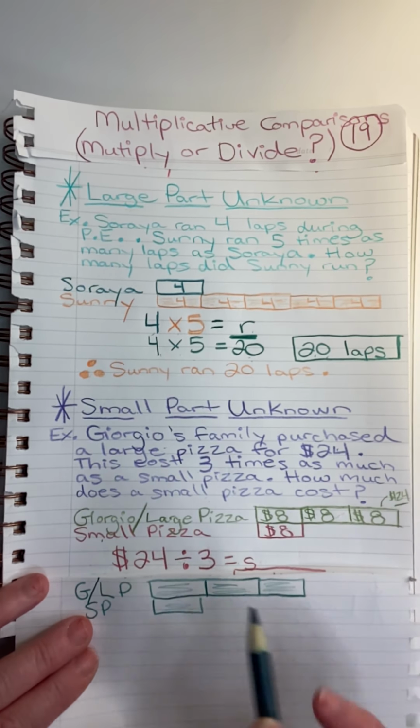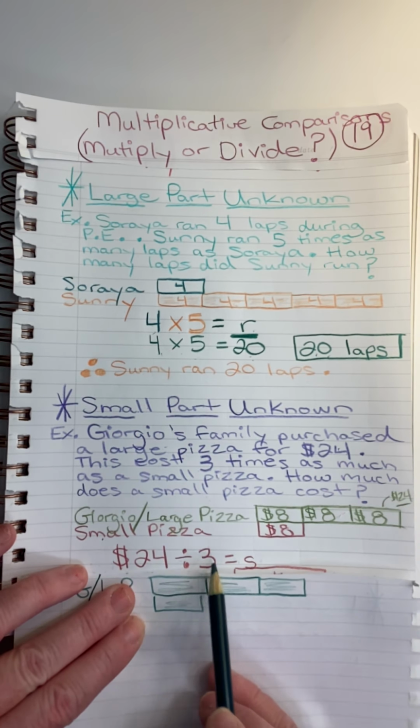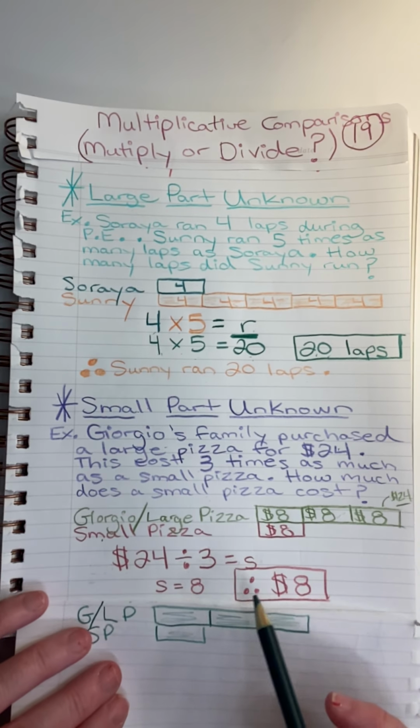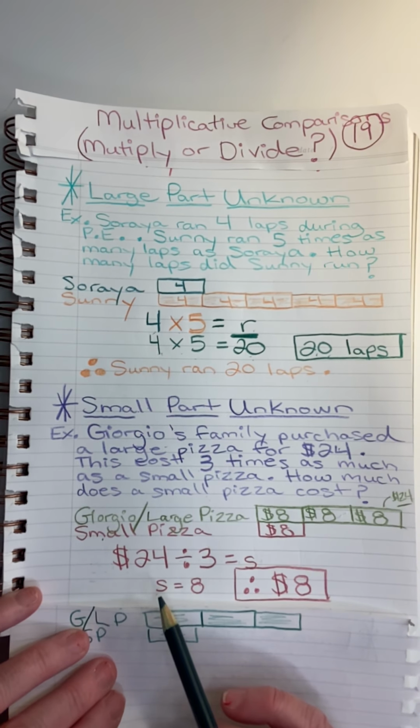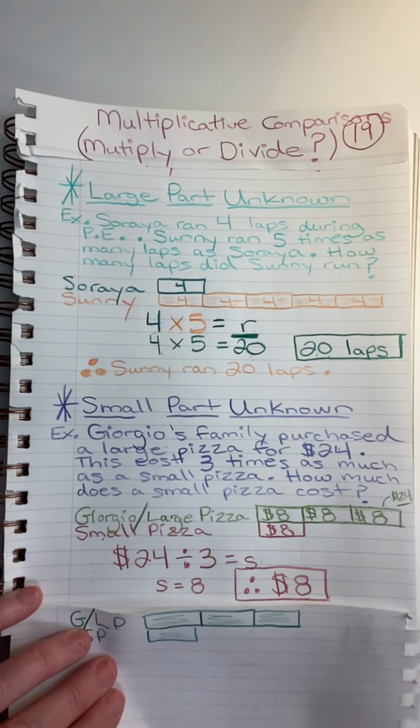And now I solved this problem. And because I know my division facts, I know that 24 divided by 3 is going to equal 8. So S, small pizza, equals 8. Therefore, $8 is my answer.